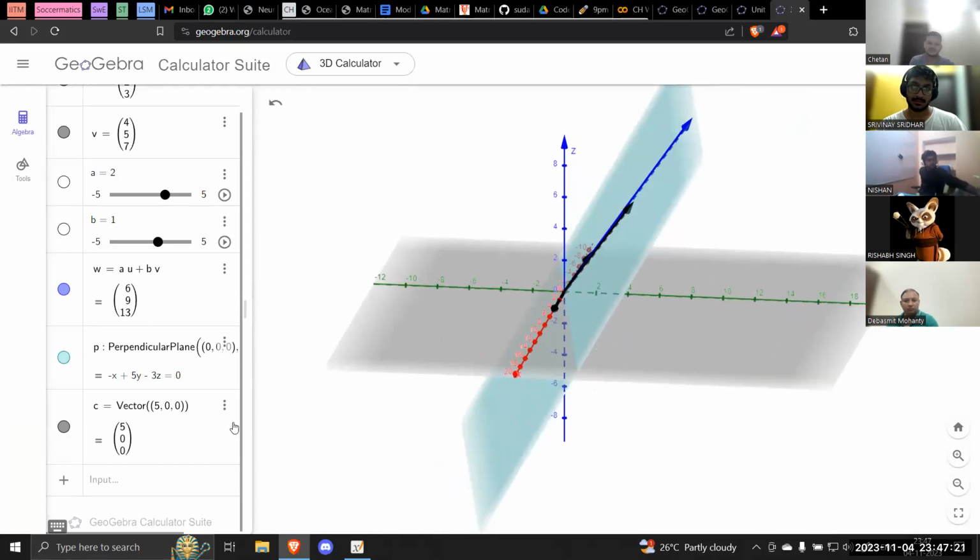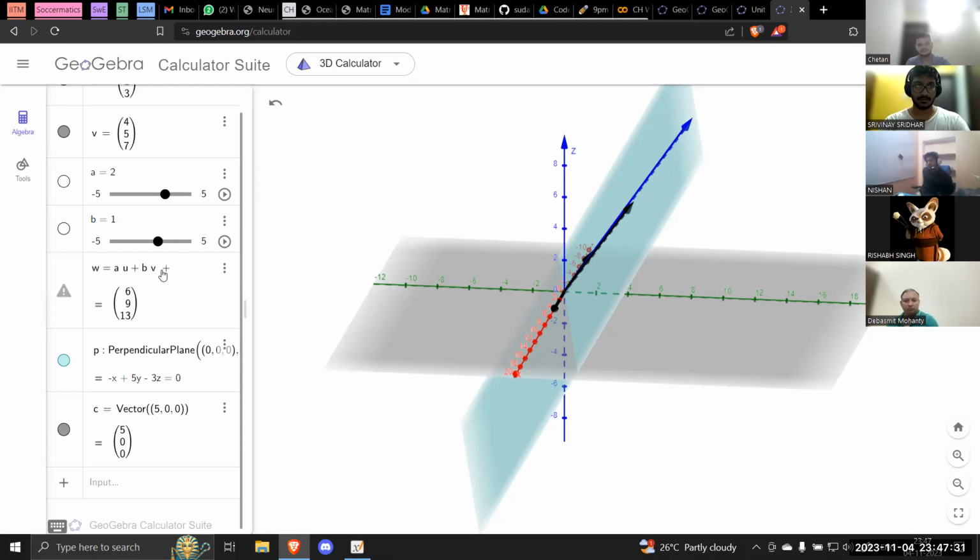Let's trace the resultant of that. So let's do a times u plus b times v plus d times c. It will not work there.